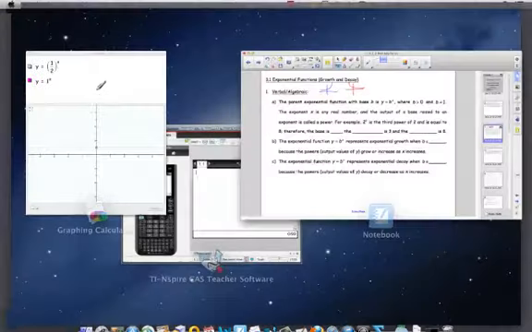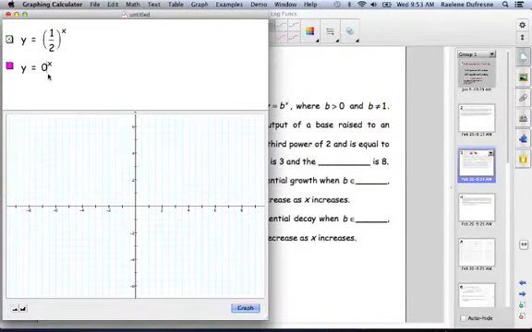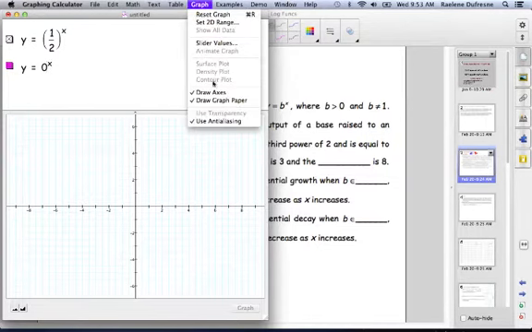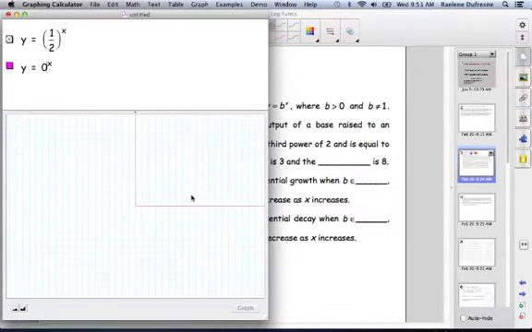Let's take a quick look at some other graphs. If the base is equal to 0, we would have to turn off the x-axis in order to see the shape of the graph. And we know that 0 raised to an exponent of 1, 2, 3, 4, etc. would be 0 squared, 0 cubed is 0. But if we have negative exponents, such as -1, 0 to the -1 would be 1 over 0. And we cannot have 0 in the denominator, so we would have undefined y values, and therefore x cannot be negative.